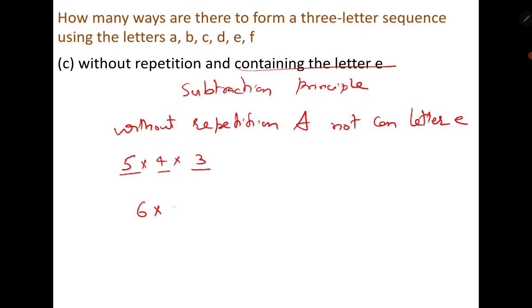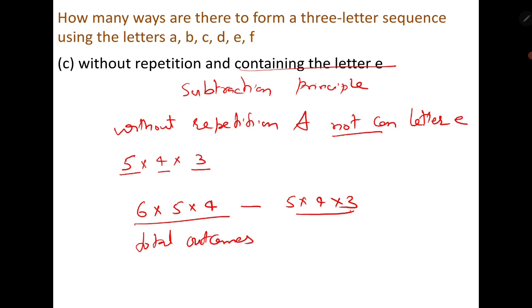Total outcomes are 6 cross 5 cross 4, so you subtract 5 cross 4 cross 3, the outcomes not containing letter E. Sometimes computation is easier when we consider this case. So total outcomes minus not containing E also gives us the required answer.